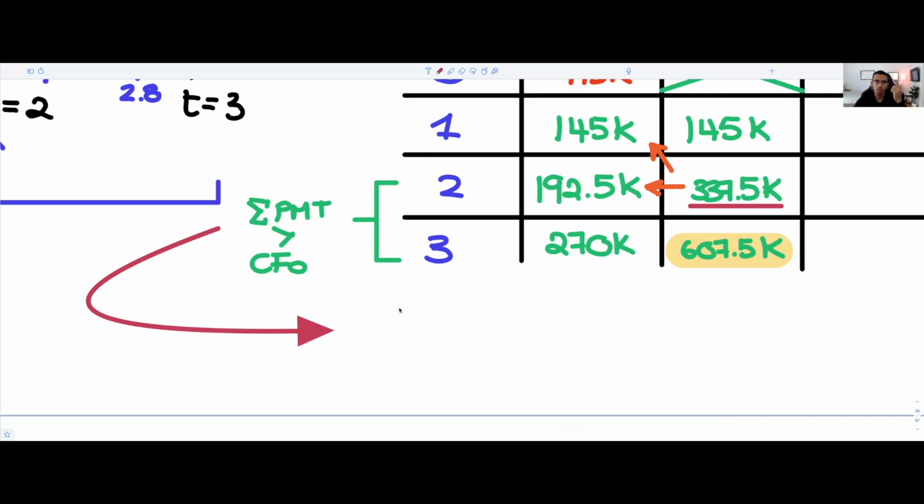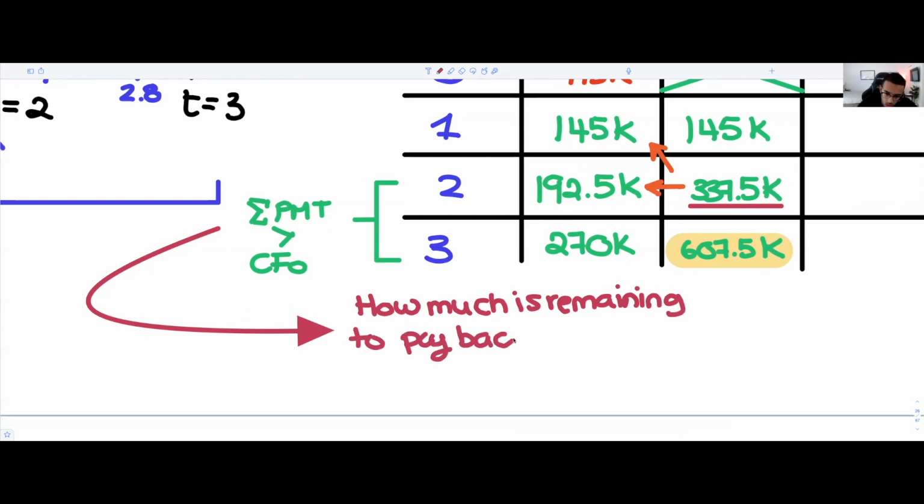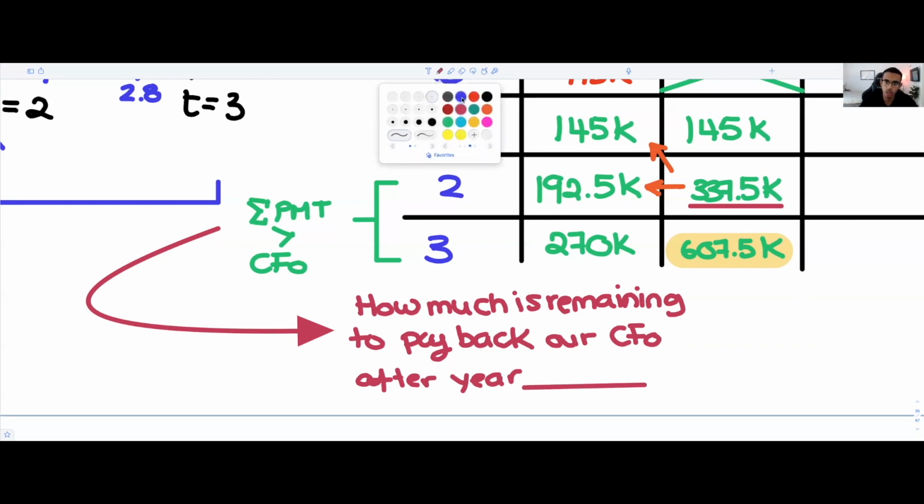Now, a really good trick here is to say, well, how much is remaining to pay back our CF0 after year blank. In this case, the year that we care about is year 2, because we understood that, hey, it's happening between year 2 and year 3.